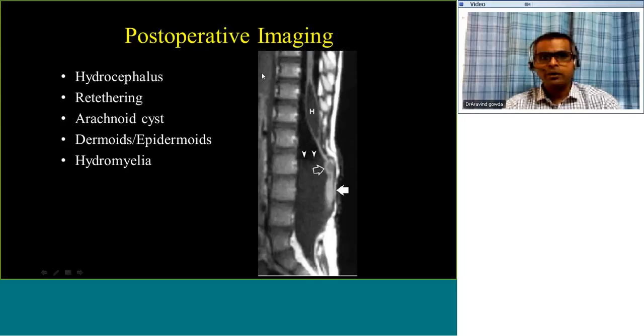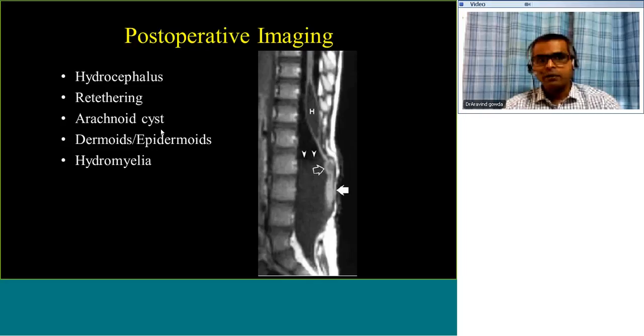The other role of imaging is the post-operative imaging. Invariably, after treating these cases surgically, there may be recurrence of symptoms, and this recurrence of symptoms may be secondary to retethering or leading to the low-lying cord.